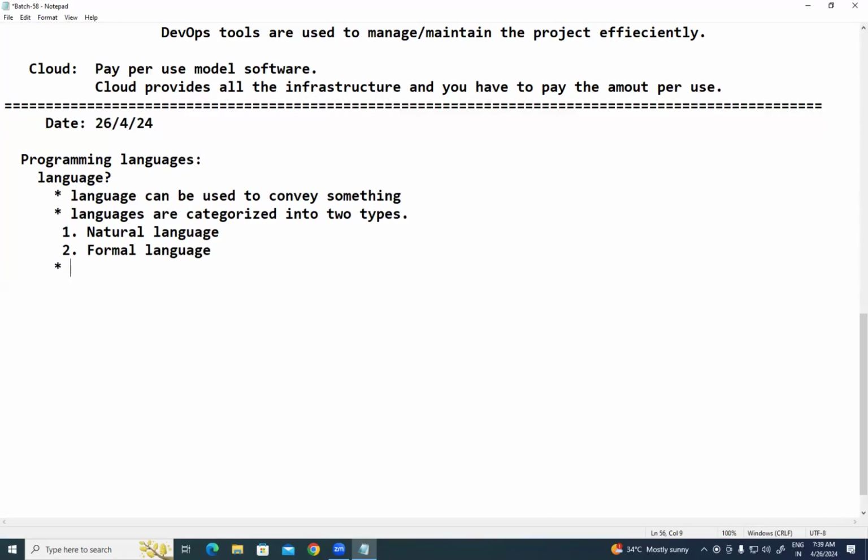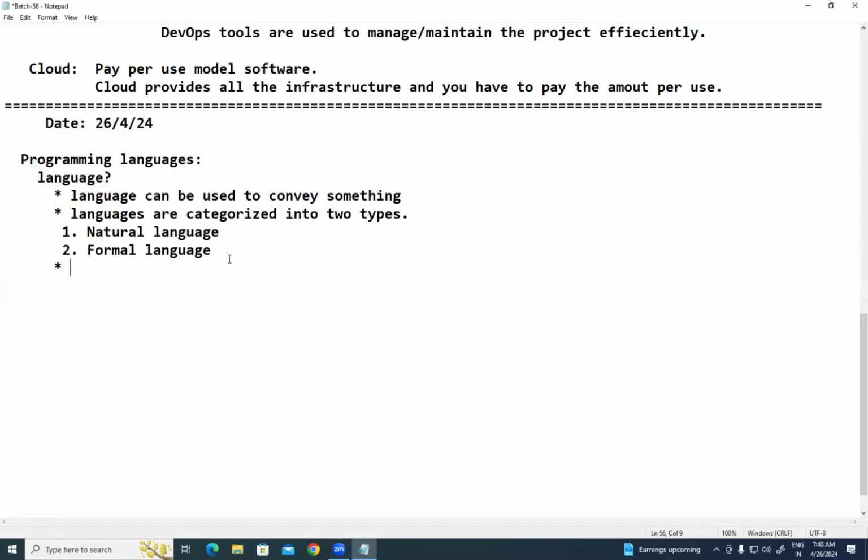For example, Java programming language I learn separately, or Python, which I should learn separately. But really it is not correct. If you learn one language, it means you already know the other languages also approximately 70 to 80%.